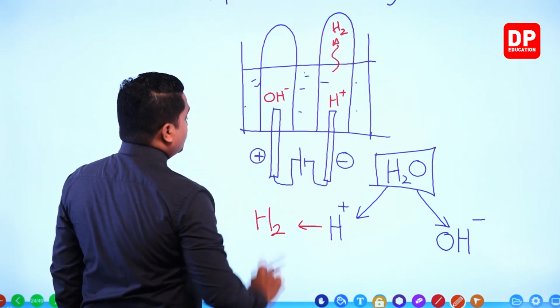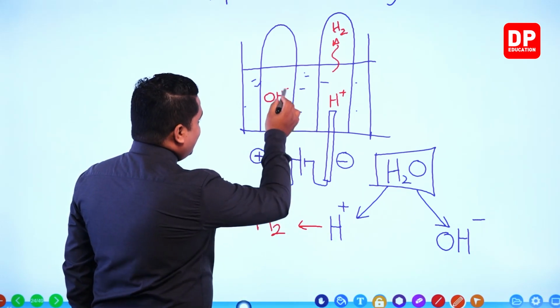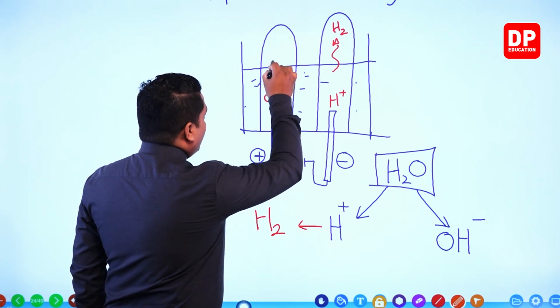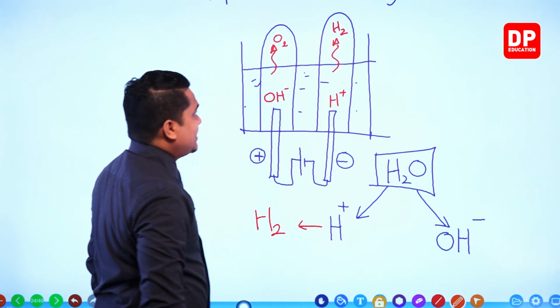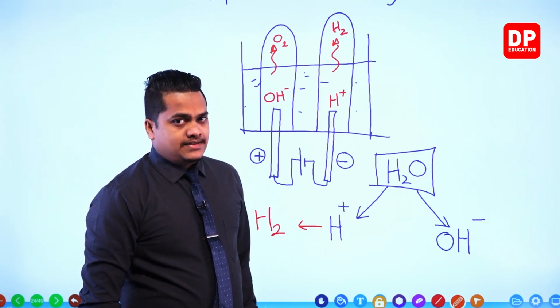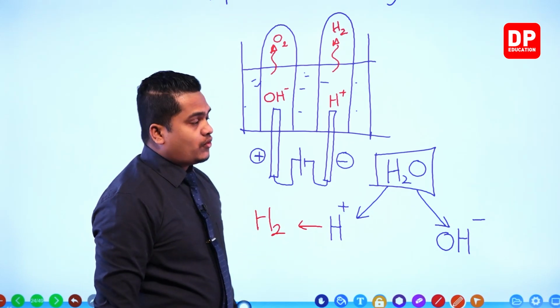Then what happens to the other part? As there is oxygen in here, this will break down, forming oxygen gas. So this is how oxygen and hydrogen are getting created within the system of acidulated water.